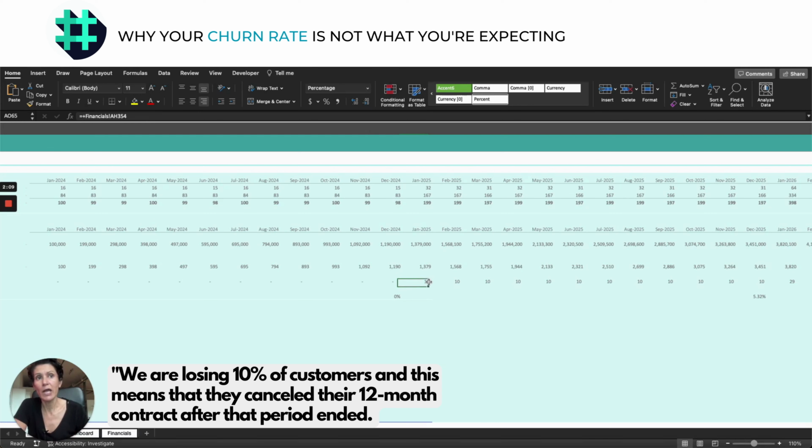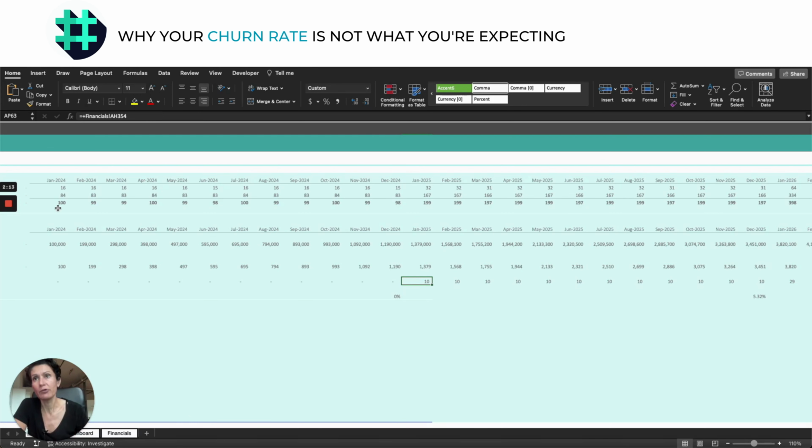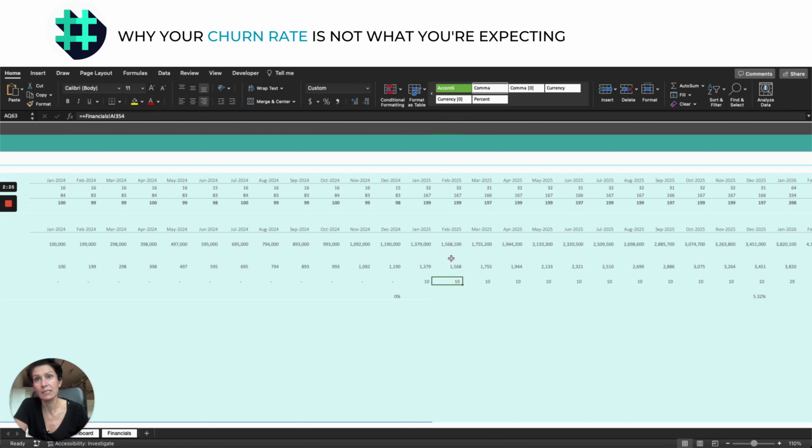So in January, I'm losing 10 of those who joined in January 2024. So it's 10 out of the 100, or 10%, the same rate that I entered as my annual churn rate. And if I follow that logic for every month, I get 10 out of the joiners in February, and so on, 10 out of the joiners in March, which is again the 10% applied to that cohort who joined us 12 months ago.